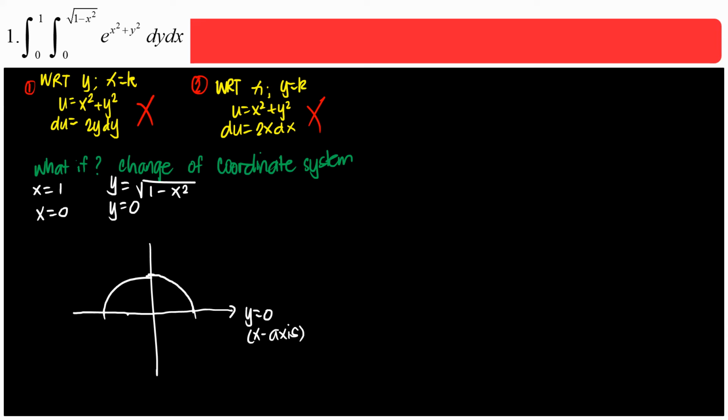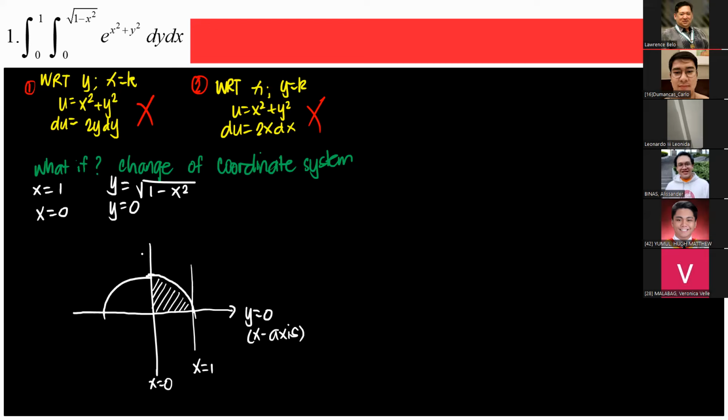Here, from this point going up is your y, and then your x is from 0 up until x is 1. So with this, I'd be able to say that my shaded portion is this one only. It does not include the left side.